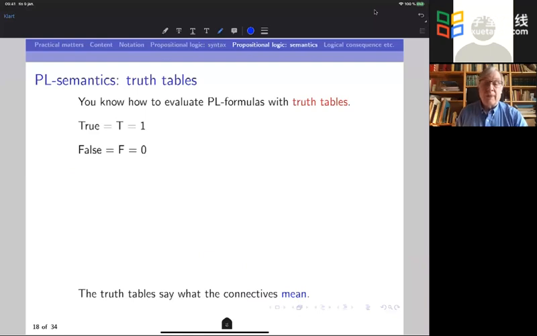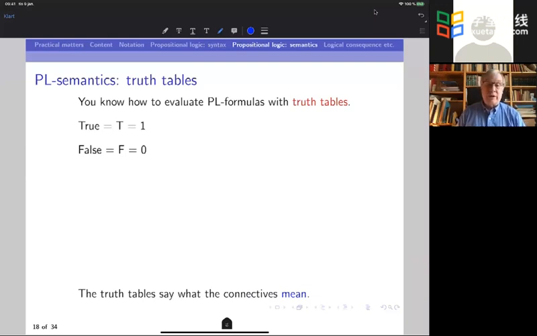So we need to explain exactly under what circumstances formulas in propositional logic are true or false. And as you know, the standard way of doing that is by truth tables for the connectives. So I'm using 1 here as the truth value true and 0 as the truth value false.